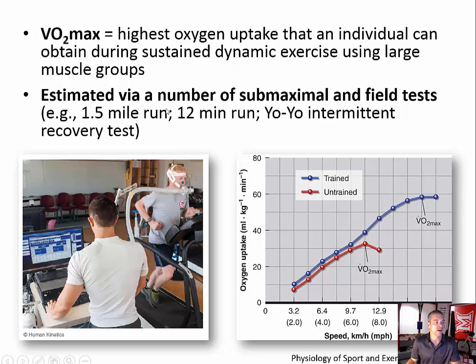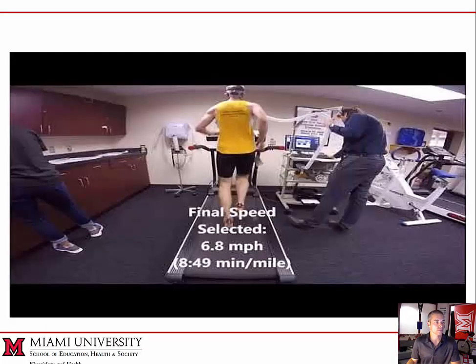These include a 1.5 mile run, so basically covering 1.5 miles on a track as quickly as possible, a 12-minute run, which is covering as much distance as possible within 12 minutes on a track, and something known as the Yo-Yo Intermittent Recovery Test, or more commonly referred to as the beep test. These are all considered other measures of aerobic capacity.